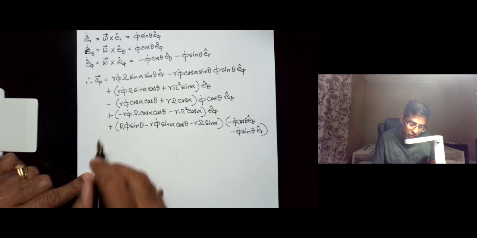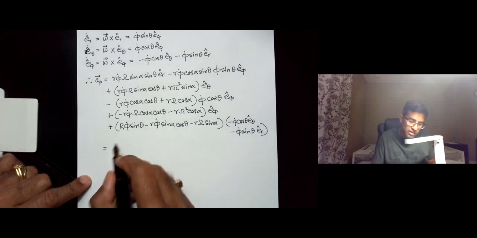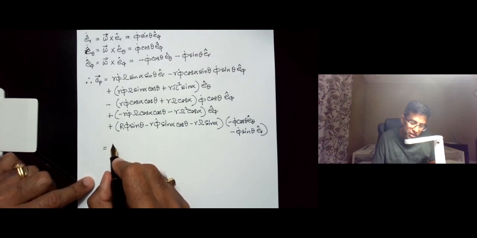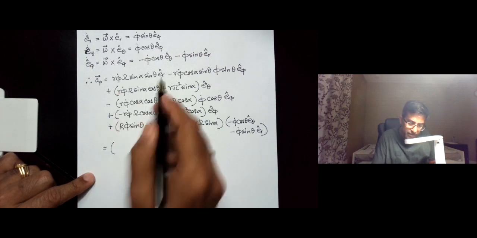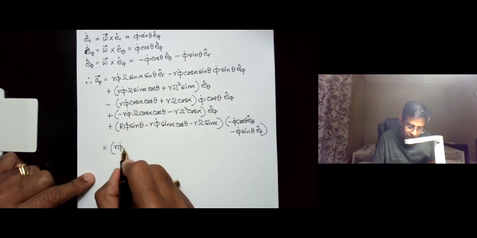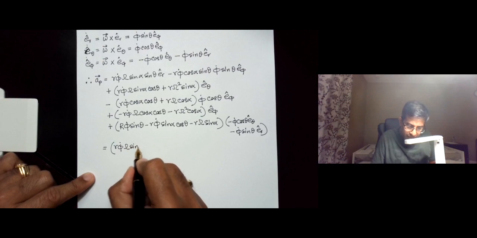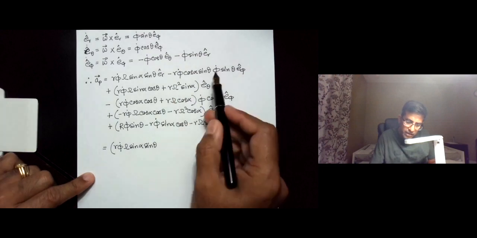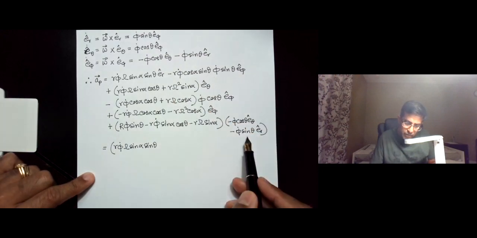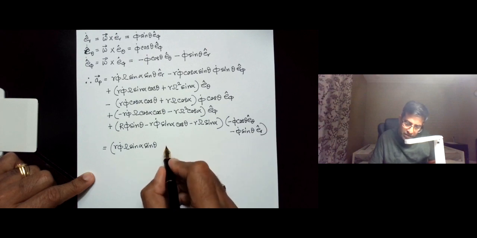Okay, so what we can do at this point is start collecting terms along the individual unit vectors. Let us first collect the terms that have ER in them. So we have R phi dot capital Omega sine alpha sine theta. This has an ER, these don't, and then we have these three terms multiplied by minus phi dot sine theta.